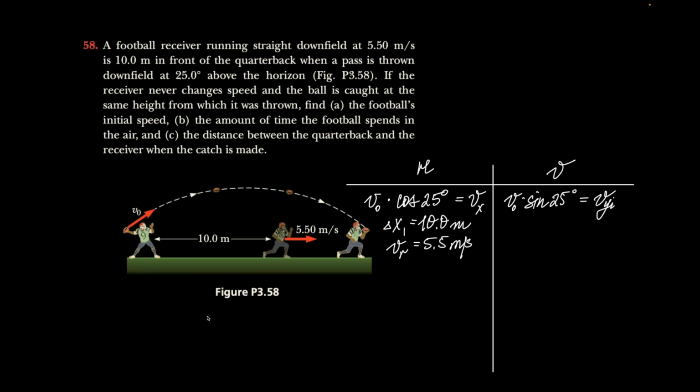So let's think time. During the time that the football spends in the air, we have 10 plus 5.5 times that time in the air, which would give us the horizontal range. Let this sink in for a second.